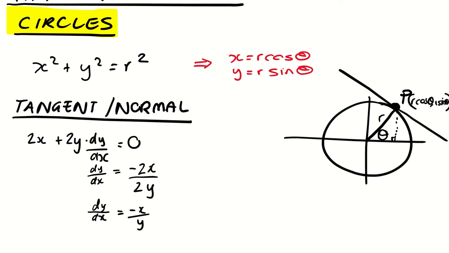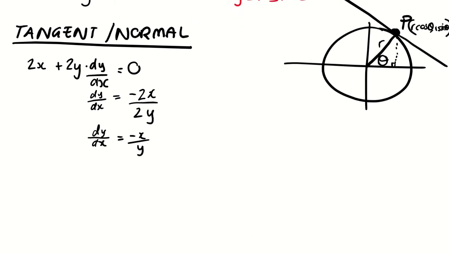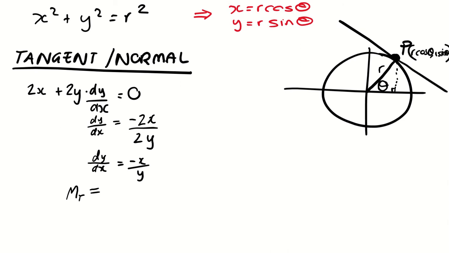Now I sub in my point, and that will turn this into the gradient of my tangent. My x value in parametric form is r cos theta, and it's negative x over my r sine theta, which is going to cancel my r's, and I'm going to get negative cos theta on sine theta as my gradient of my tangent.